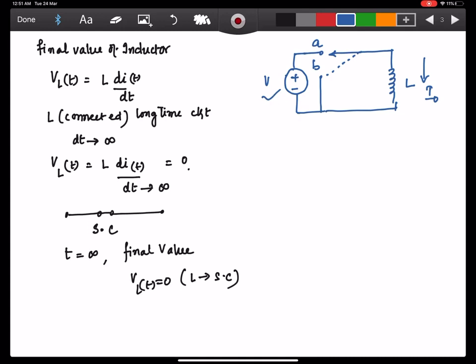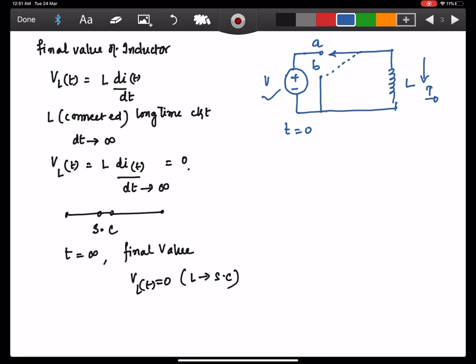Let us say a current I0 is flowing through the inductor at t is equal to 0. This voltage source is removed from the circuit. Now your switch has removed the voltage source from the circuit.